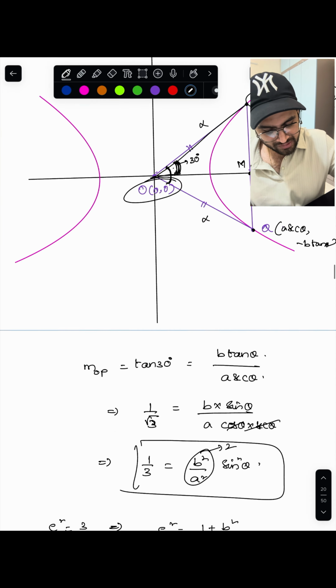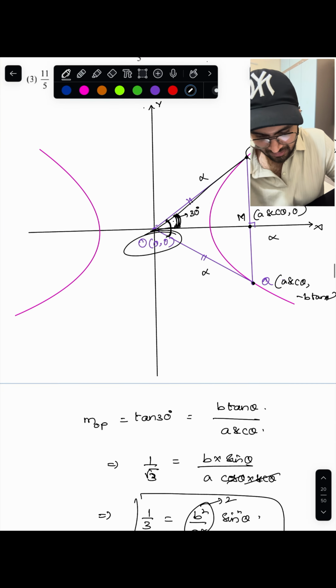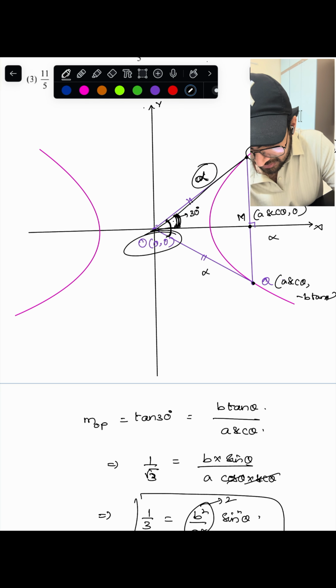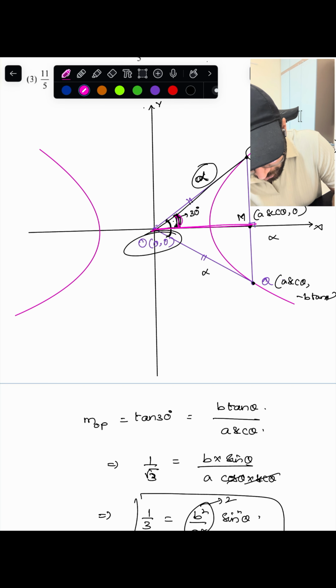What we needed was the side of the triangle, right? And one more relation I can use is this. Let us say this side is alpha. Now this angle is 30 degrees. Can I say OM is the projection of OP along the x-axis? So if this is alpha, this is alpha cos 30 degrees, because we know the projections. This is alpha cos 30 and this is alpha sin 30, right?